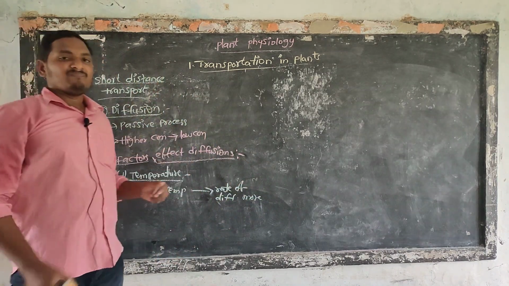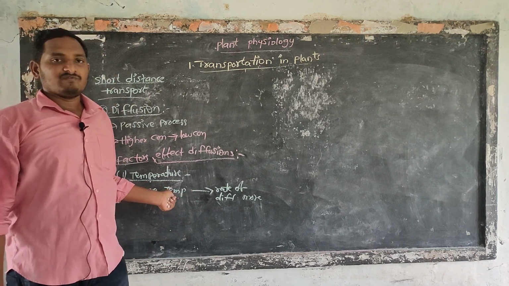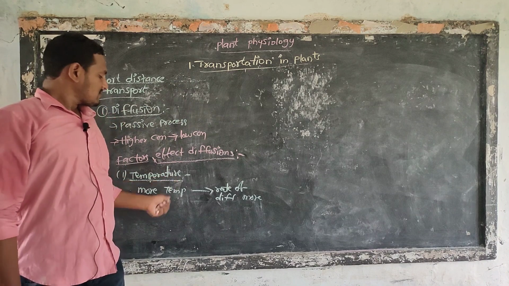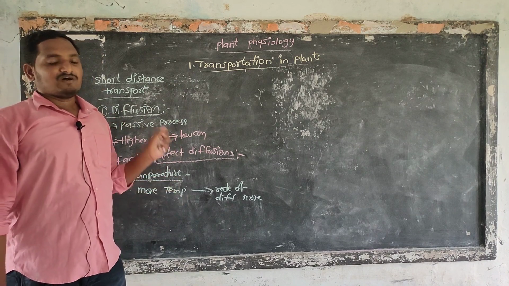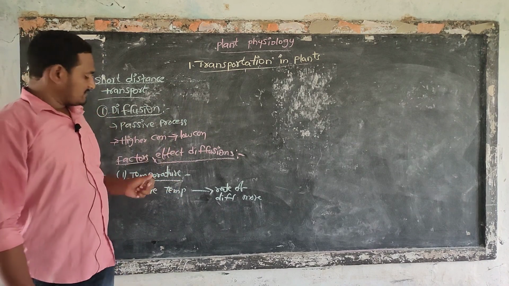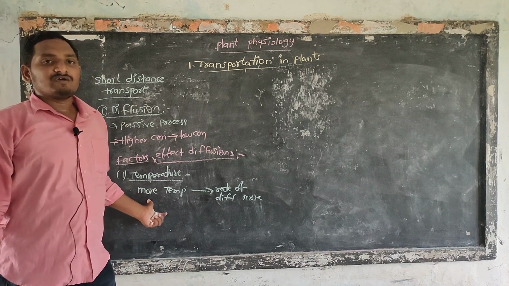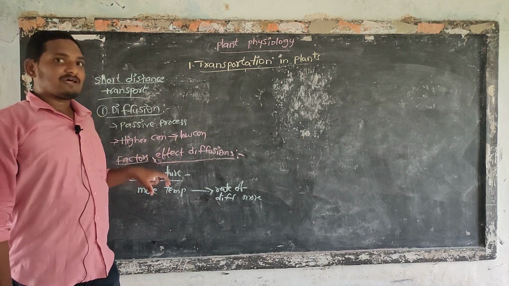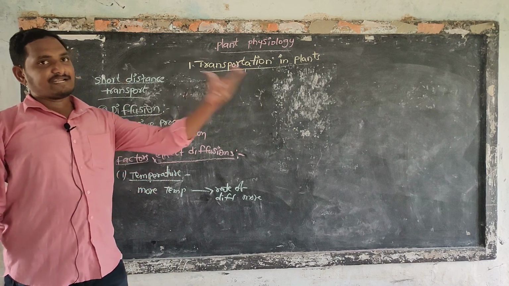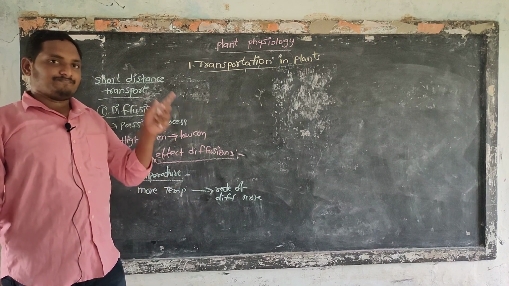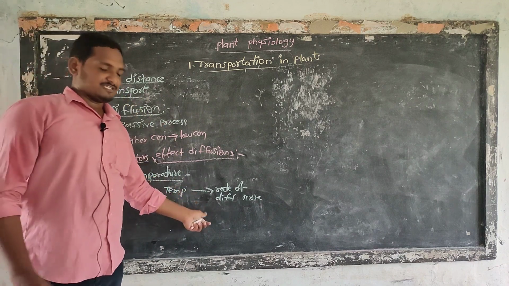For example, when we are cooking food, the smell reaches a greater distance compared to food which is kept in refrigeration. It means we observe this at the time of cooking.